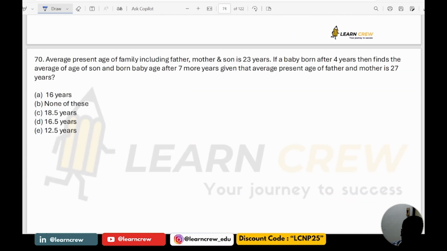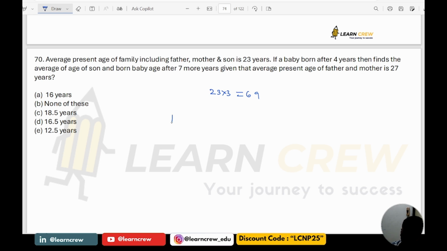Next, average present age of a family including father, mother and son is 23 years. So their sum is how much? 23 into 3, 69. If a baby is born after 4 years, find the average age of son and baby after 7 more years, given that average present age of father and mother is 27 years.